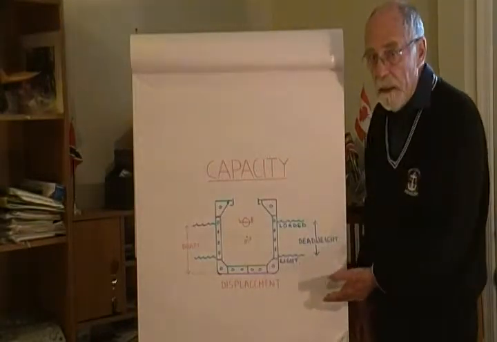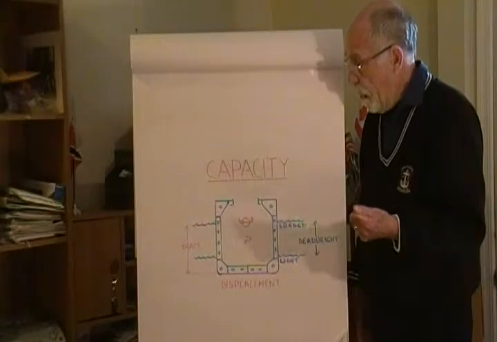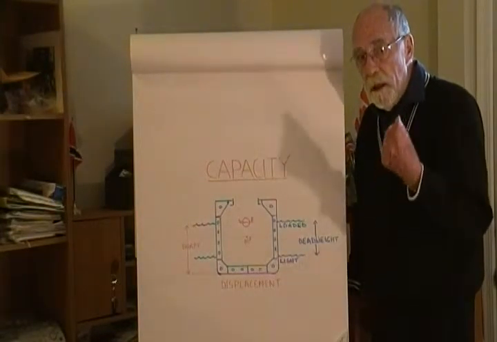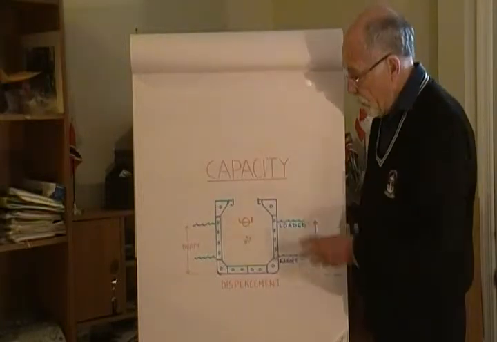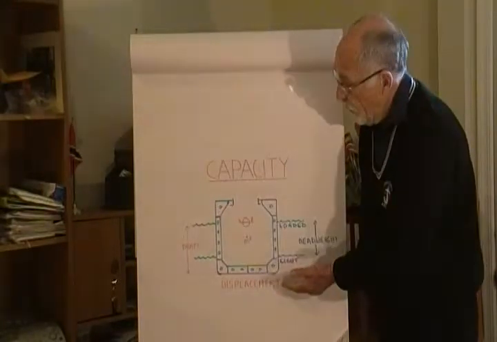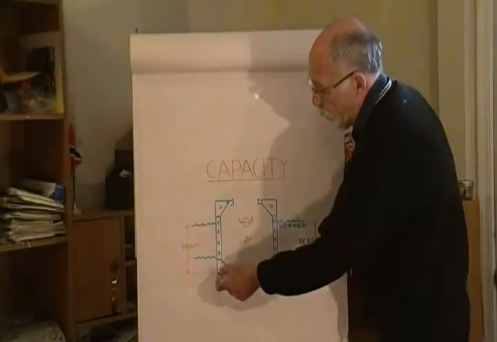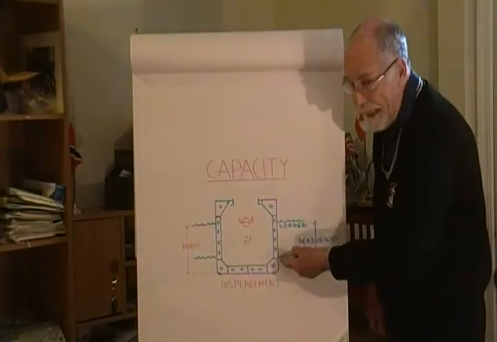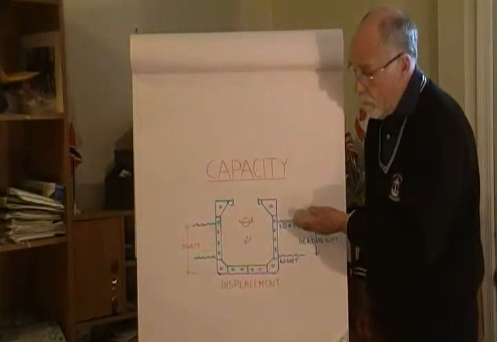The next capacity is by mass. As Archimedes said, a body wholly or partially immersed in a liquid will displace its own mass. So the more we put in, the deeper it's going to go in the water. The depth in the water is called the draft. So a ship has a light or empty draft, and it has a loaded draft.